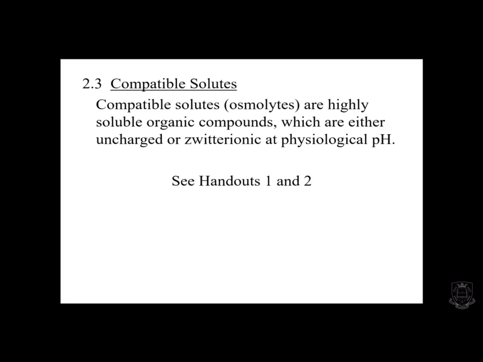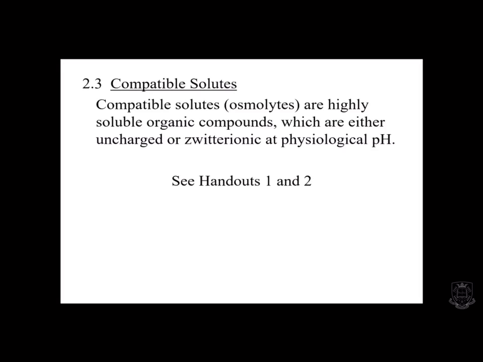Okay, so let's have a look at handout 1 to begin with, actually. This is handout 1 and 2, but let's have a look at handout 1 to set the scene for the rest of the lecture. So handout 1, you should have 5 or 6 or 7 diagrams of the key compatible solutes.